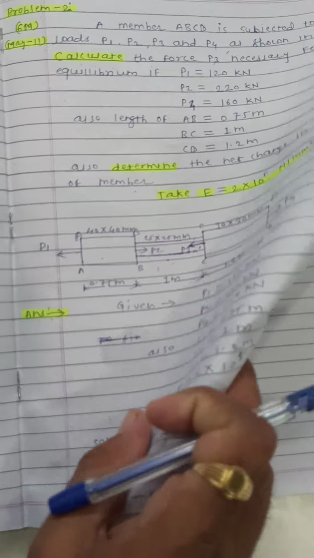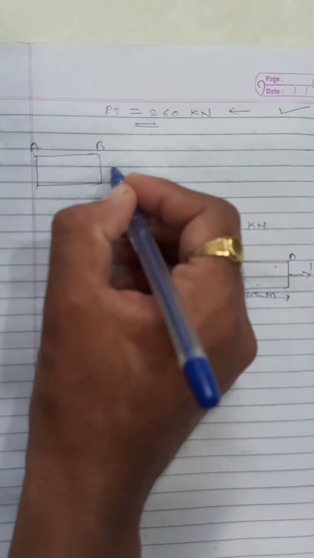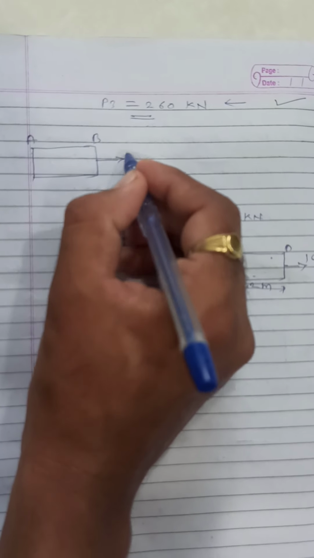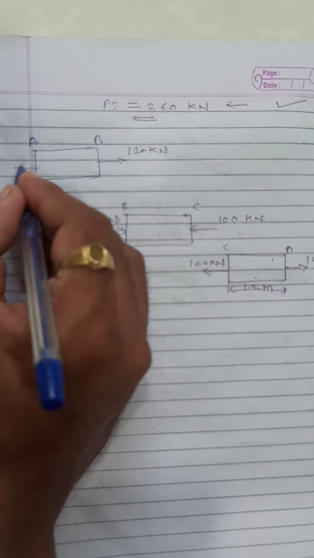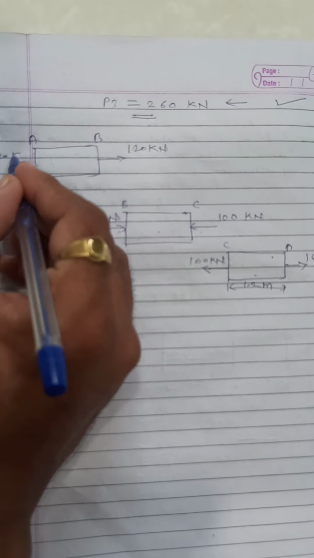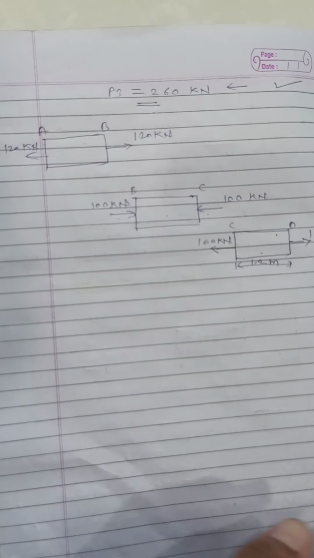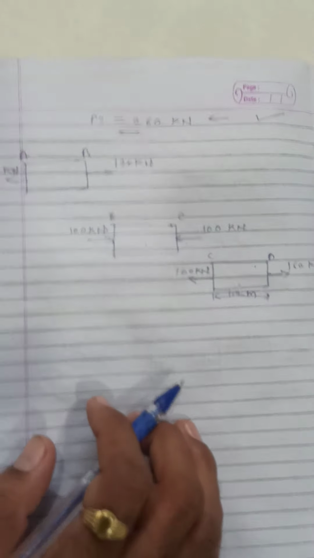So you will get a tensile force of 120 kilonewton. Okay, very simple. Just use a trick for that: draw the force diagram.